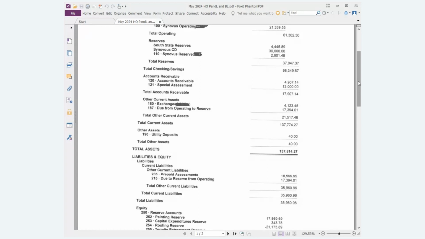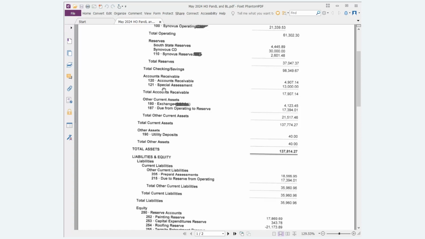This should be supported by a supplemental report, an aged accounts receivable report, which would show the outstanding receivables in columns of less than 30 days, 30 to 60, 60 to 90, and greater than 90, so you can see the aging of those receivables. Some HOAs will call it a customer summary, and some have that aging in it and some don't. But the aging is very useful to have.